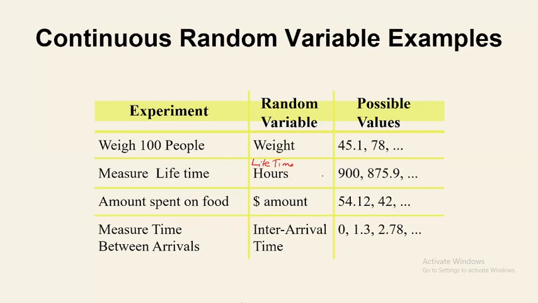All these are not counting. We are getting the values by measuring. So if the values are obtained by measuring, that is a continuous random variable. If the values of the random variable are obtained by counting, then that is called a discrete random variable. This is a clue you can use to distinguish the continuous and the discrete random variable.